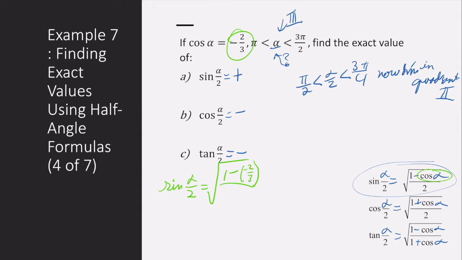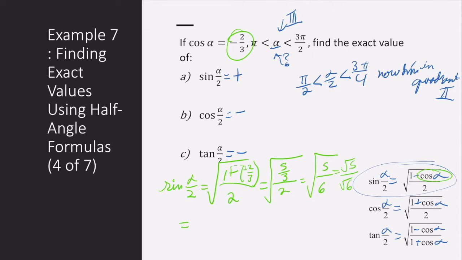Okay, so over 2, that gives me 1 minus negative 2/3. That becomes a positive. So I get 5/3 over 2. Still all under the radical, still positive. So that gives me the square root of 5 over 6, which becomes the square root of 5 over the square root of 6. But we don't like radicals in the denominator.